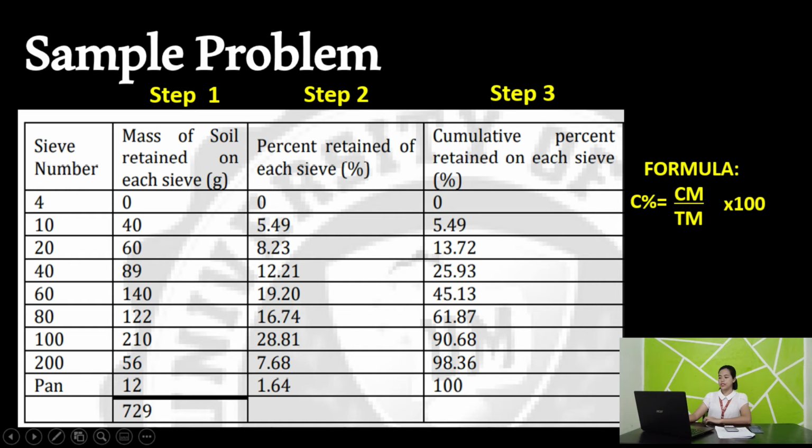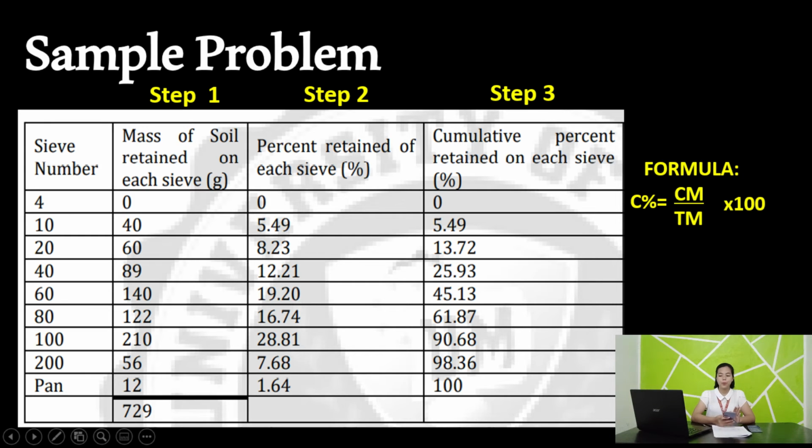Okay. So in step 3, mao na 0.49, 13.72 man na diha. So, atong i-plus. For cumulative, si sieve number 4, ang iyahang cumulative percent is 0 since iyahang mass kay 0. So, kung atong i-solve, 0 man iyang mass, 0 divided by 729 times 100, answer is 0.